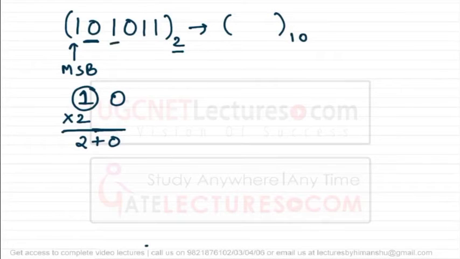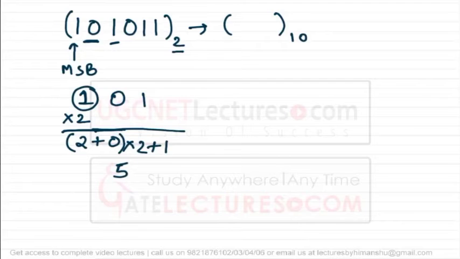Now I need to append 1. To append 1, I again follow the same procedure. I multiply this with 2 and add 1. What is this? 2 into 2 plus 1 is 5. So the total value of this number till now is 5. Now I have to append 0. Same, 5 into 2 plus 0.